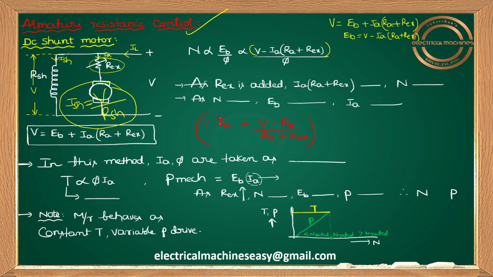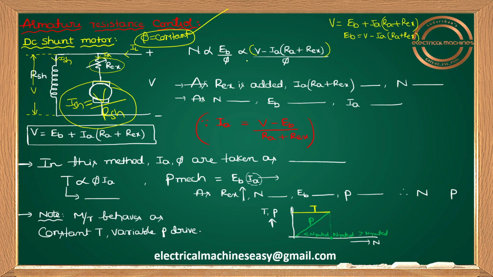So simply ISH equals V by RSH. As long as supply voltage V is constant, ISH remains constant, so flux remains constant. Guys, please try to understand: for a DC shunt motor, since I don't have any variable resistance in series with the field circuit, I can take flux as constant.